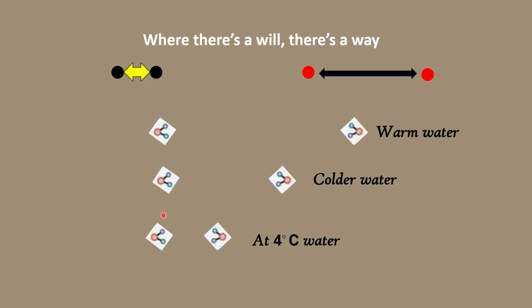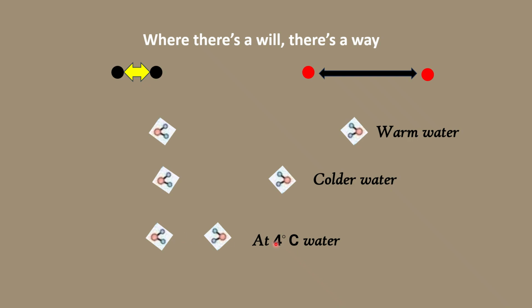Just as the north pole of a magnet will repel the north pole of another magnet, south pole will repel south pole, a negative charge will repel another negative charge, a positive charge will repel another positive charge. So the negative pole of one molecule and the negative pole of another molecule repel each other, they push away each other, so they can't get any closer.